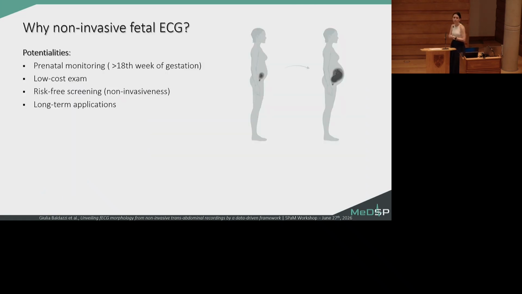So for this reason, scientific research moved and tried to foster the research leading to alternative strategies. And in this sense, fetal ECG is very promising as it can allow for prenatal monitoring since the 18th week of gestation by a very low-cost setup, and it also offers these opportunities by a risk-free technique because of its non-invasiveness for both the mother and the fetus.